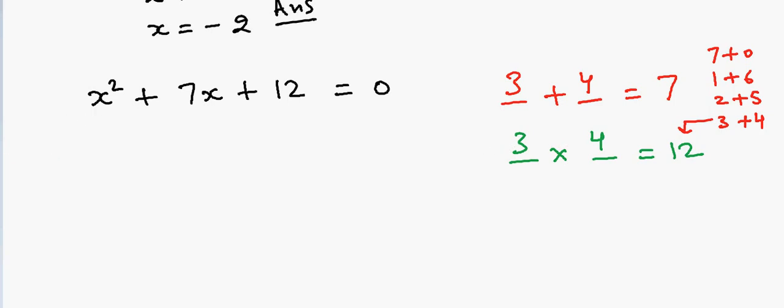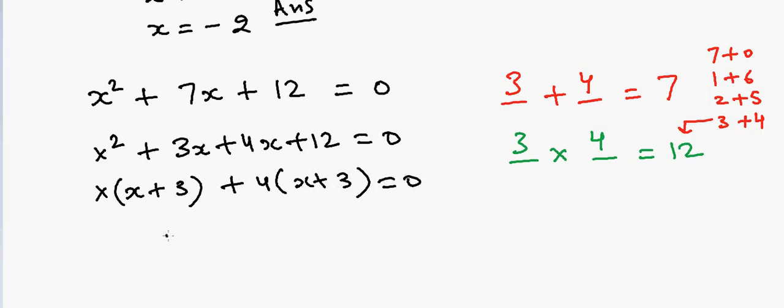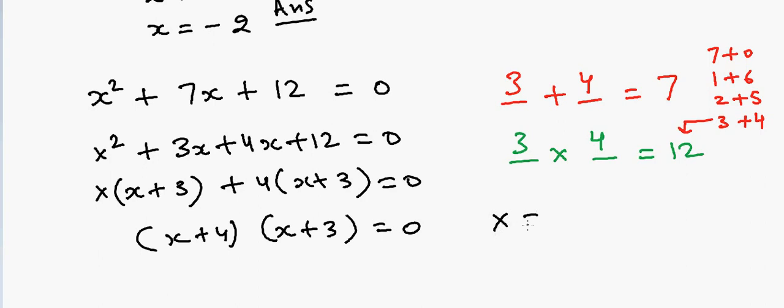So I can write this equation as x square plus 3x plus 4x plus 12 is equal to 0. Then I can rewrite it as x into x plus 3 plus 4 into x plus 3 is equal to 0. Then x plus 4 and x plus 3 is equal to 0. So the answer will be x is equal to minus 4 or minus 3.